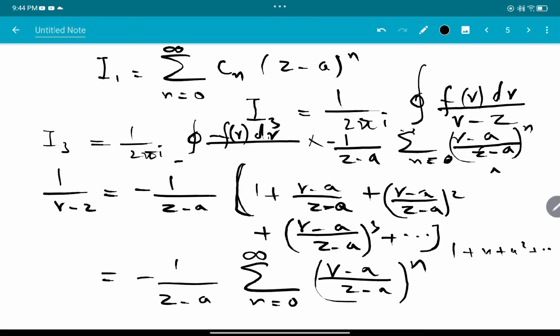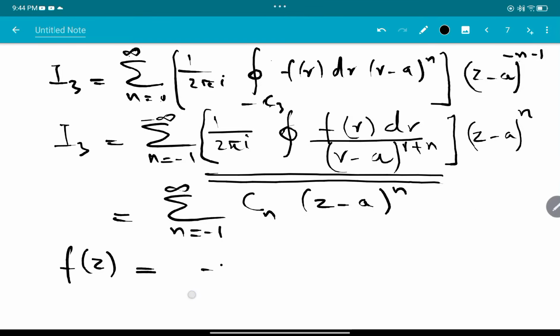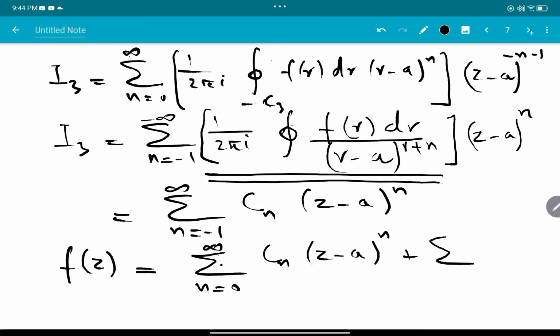I1 is this: n equals 0 to infinity, Cn (z minus a) raised to n. Now plus, I have this, n is equal to minus 1 to infinity, Cn (z minus a) raised to n.